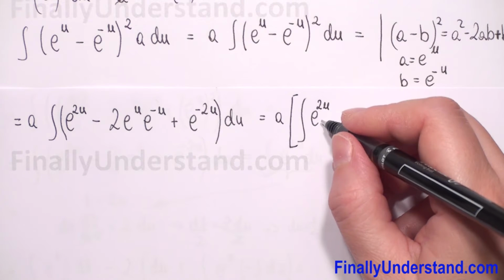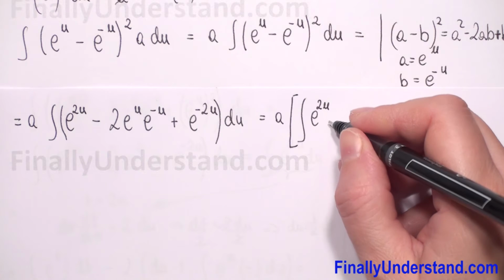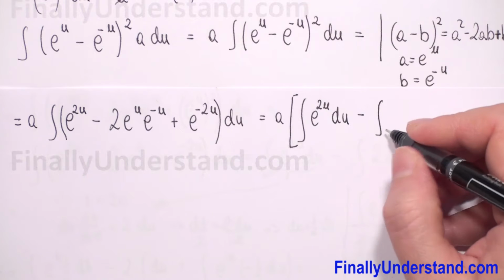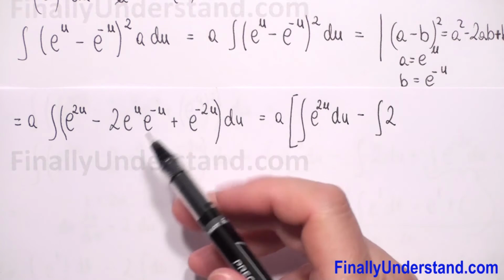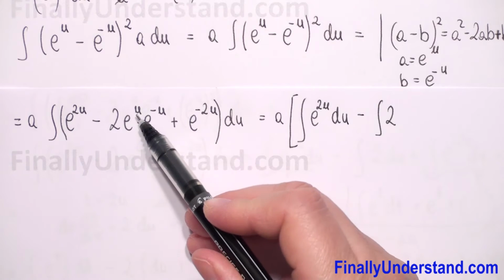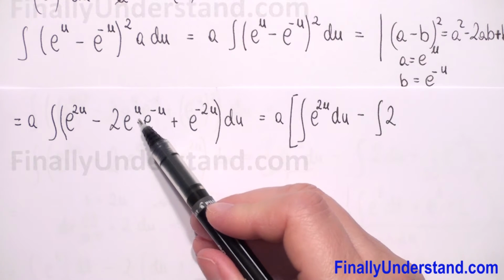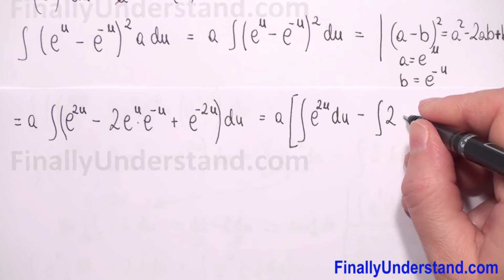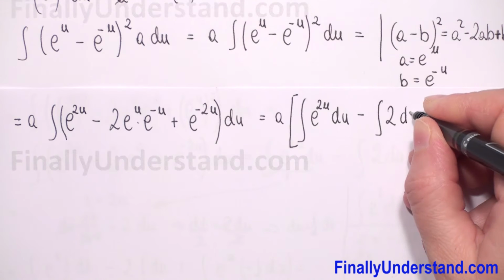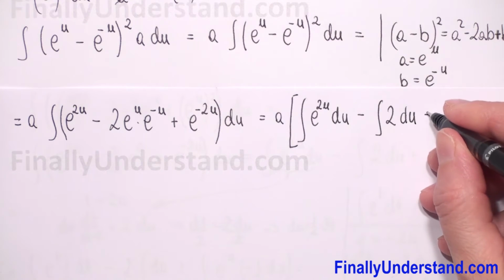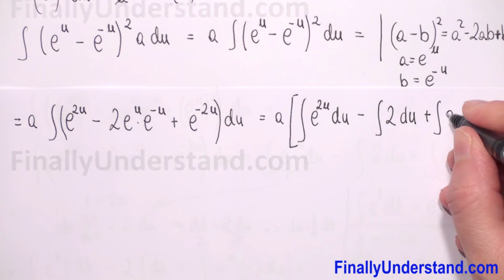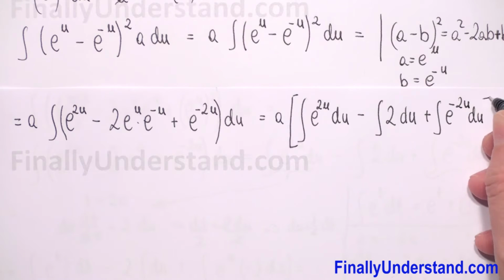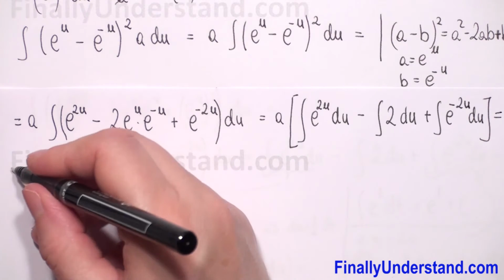We will have the indefinite integral of e to the power 2u with respect to u, minus the indefinite integral of 2, and we have the same base here, so we have to add exponents. u plus negative u is 0, so e to the power 0 is 1, we don't have to write it, and we have with respect to u, plus the indefinite integral of e to the power negative 2u with respect to u. Close the brackets. So this is equal.